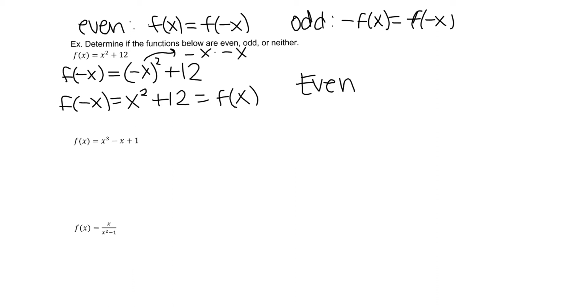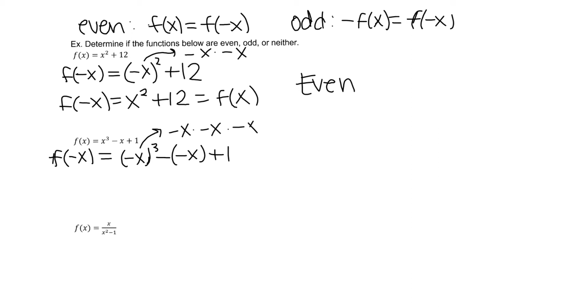Looking at my second example, f of x equals x cubed minus x plus 1. I'm first going to find f of negative x. So I'm going to have negative x cubed minus negative x plus 1. So negative x cubed is negative x times negative x times negative x.